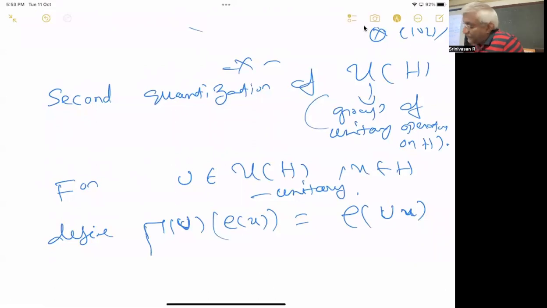Gamma of U acting on the exponential vector E of u is just E of Uu. It takes E of u to E of Uu. That is the image of E of u.